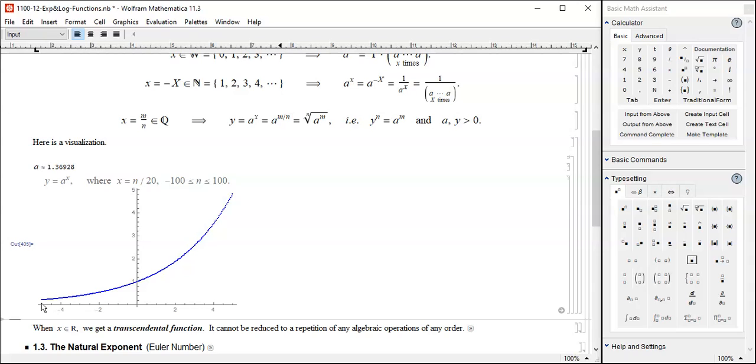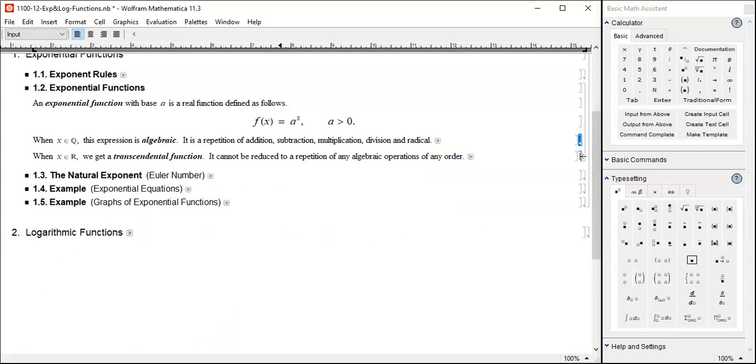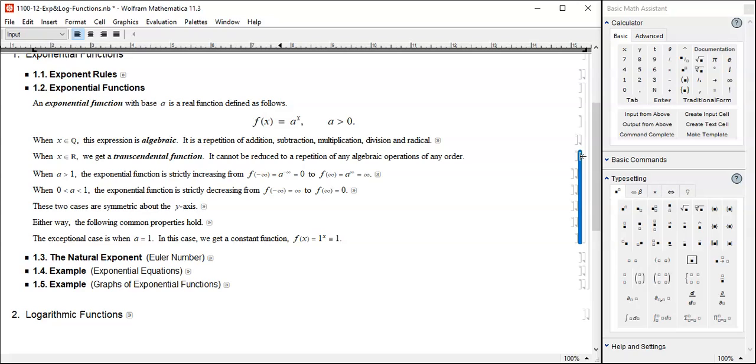But then again, those dots are not really haphazard. They're forming nicely like this, so if you join them, you're going to get a graph of a real function, and that is a transcendental function. You see, you cannot get that nice joining by repeated multiplication or division or things like those. You have to rely upon something else, and that something else in this case was the graphical method.